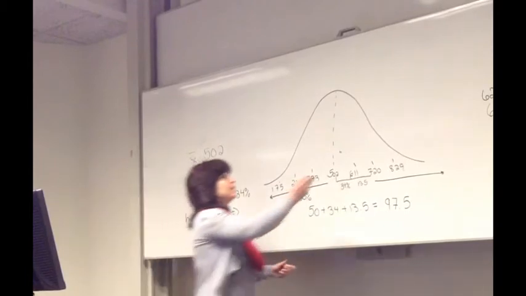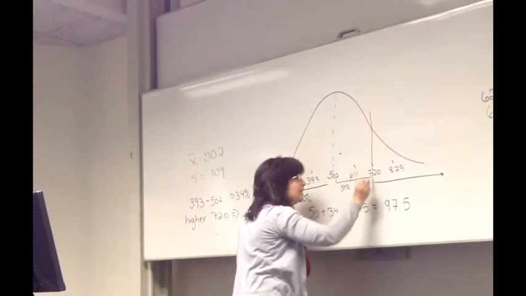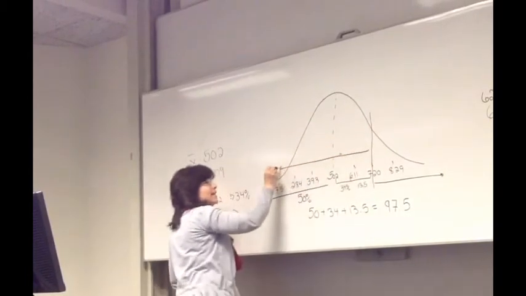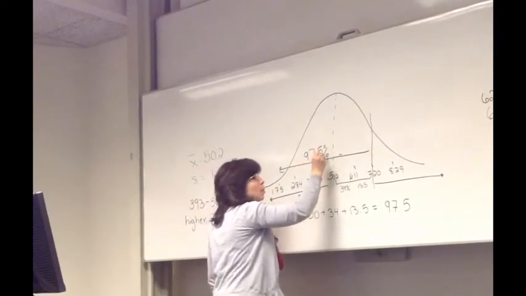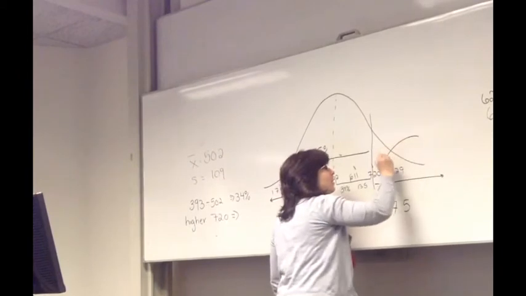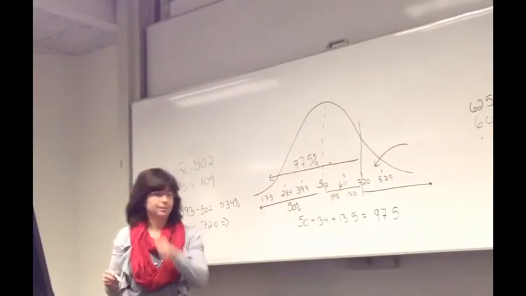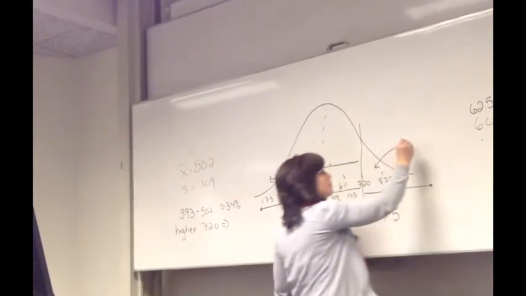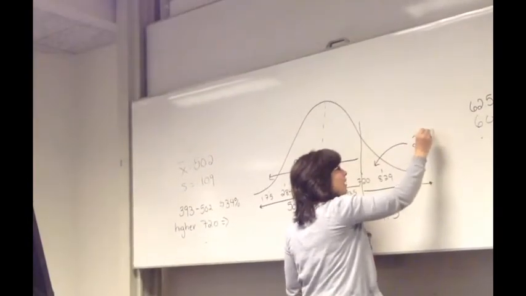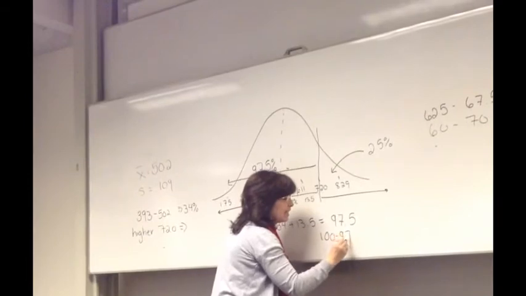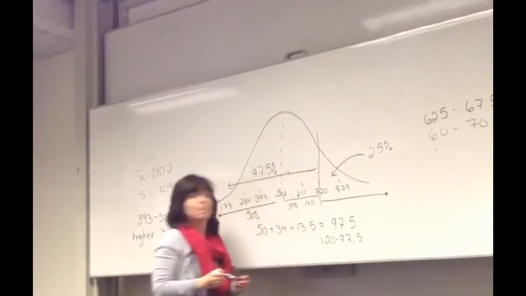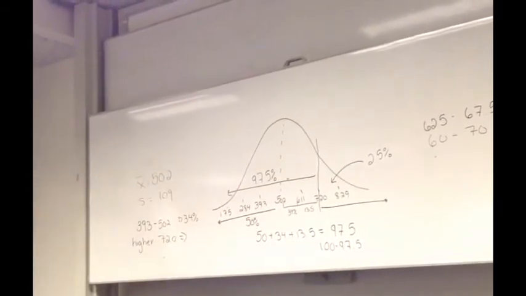So if this from here down represents 97.5%, what percentage of data represents this section? 2.5%. And how did you get that? 100 minus 97.5.